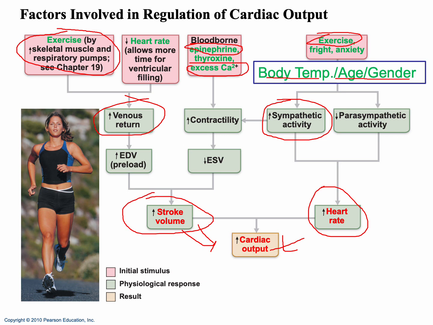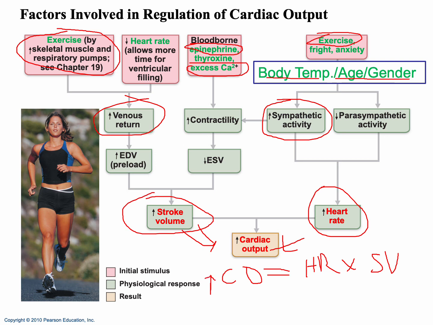So, the big thing to be aware of is when you're exercising, when it comes to cardiac output here, cardiac output equals the heart rate times the stroke volume. So when you're exercising, cardiac output goes up.